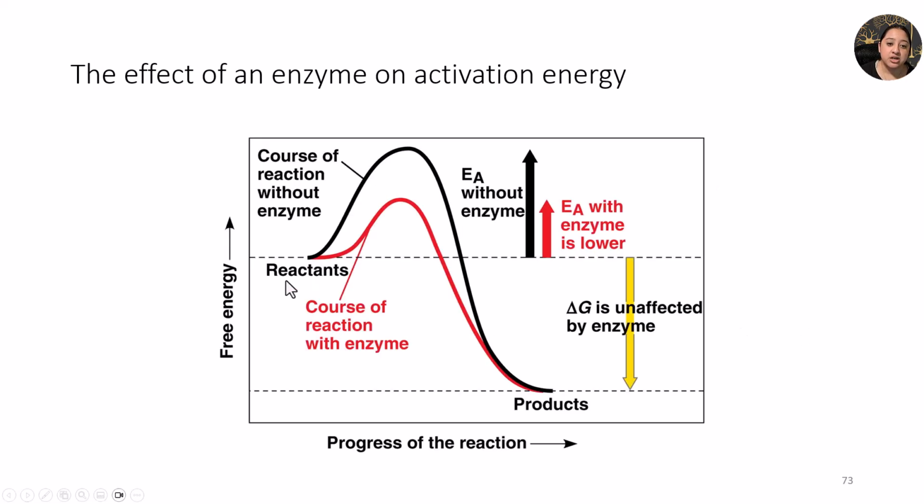So here is an example. The black line is the course of a specific reaction without an enzyme. So this is the activation energy, EA, without any enzyme. This is kind of like the hump that you have to roll this ball over to then roll downhill.